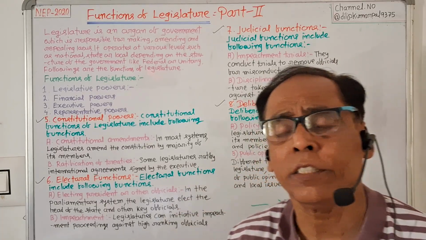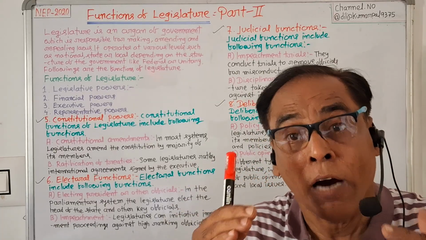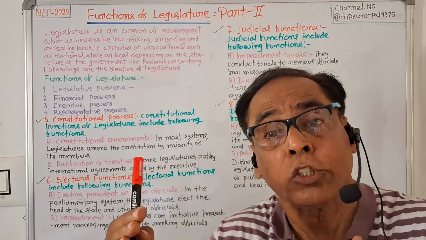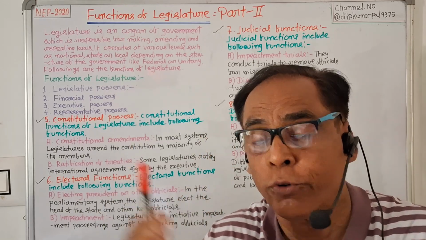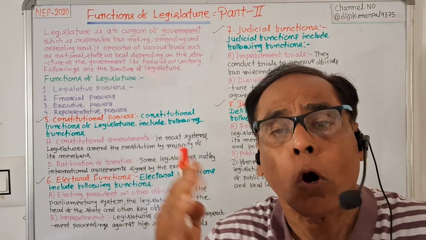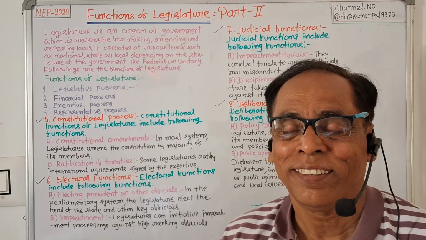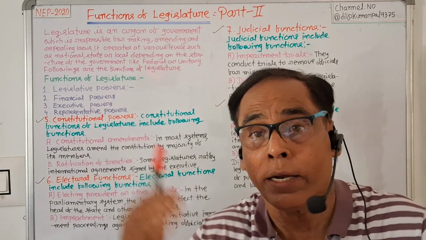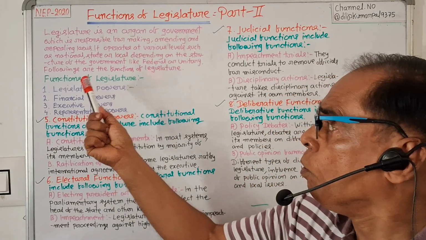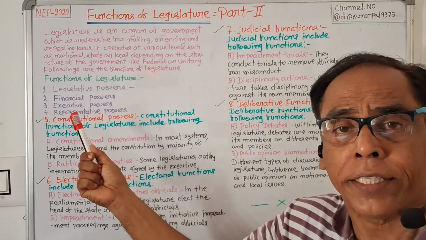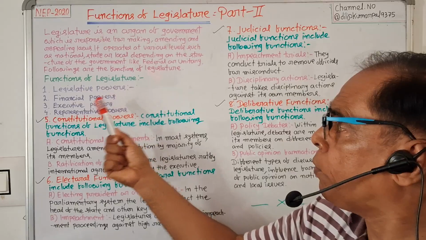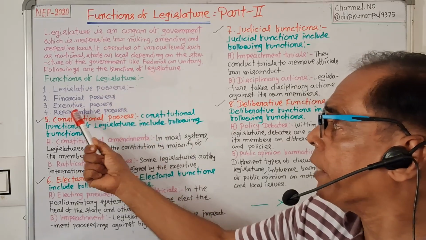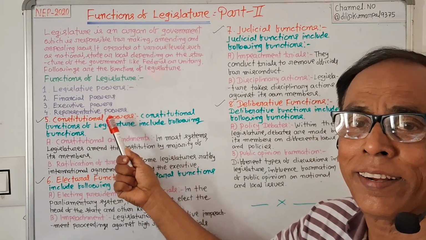Functions of Legislature is found in +3 second semester core paper number 4, which is Comparative Government. In Functions of Legislature Part 1, I have discussed 4 major functions of legislature: legislative power, financial power, executive power and representative power.